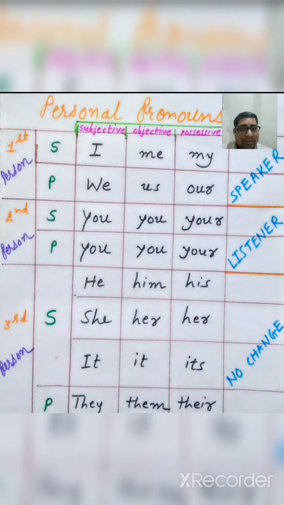Okay, he we use, as I said earlier, for male characters, she for female characters, and it for any birds, animals, or non-living things. Correct? Okay. So here I have mentioned no change in third person, and the plural of all these three pronouns he, she, and it is they.